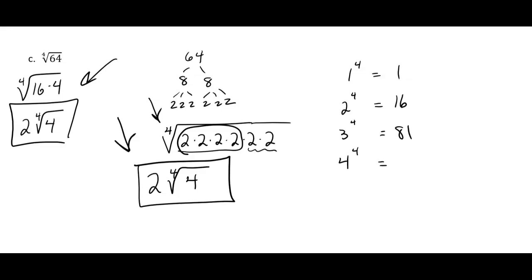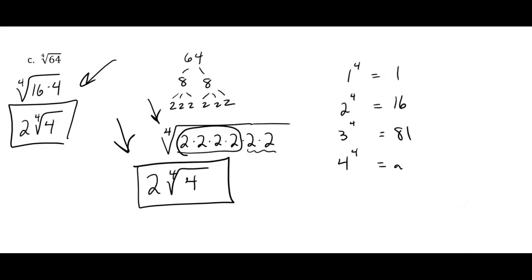All right, 4 to the 4th power. Yeah, 256. And 5 to the 4th power is 625. Now, you can have larger numbers, but that's probably all I'm going to remember off the top of my head. Then you have to use a calculator to maybe break them down or figure them out. You can always use those prime factorizations, which is really helpful. Okay.